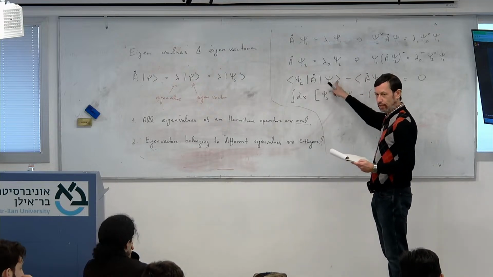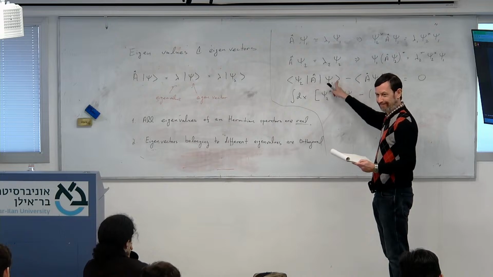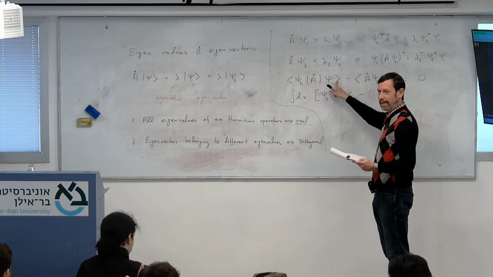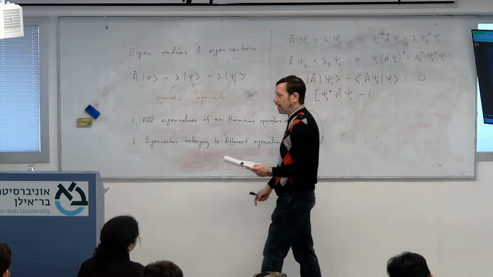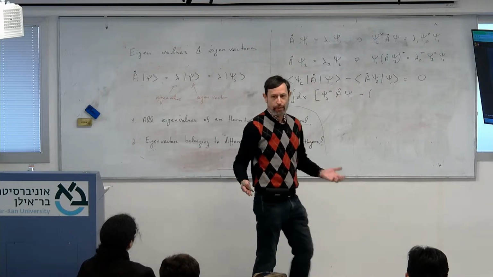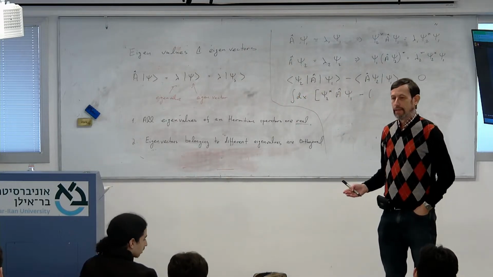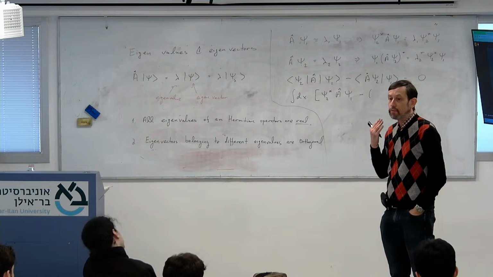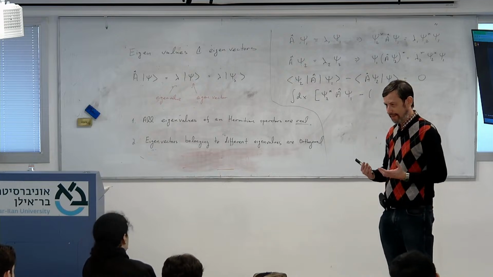Because that's the definition of this symbol. You see a matrix element, it's either a sum if you are in a discrete case, or an integral if it's continuous. Remember, you have to end up with a scalar, a number.